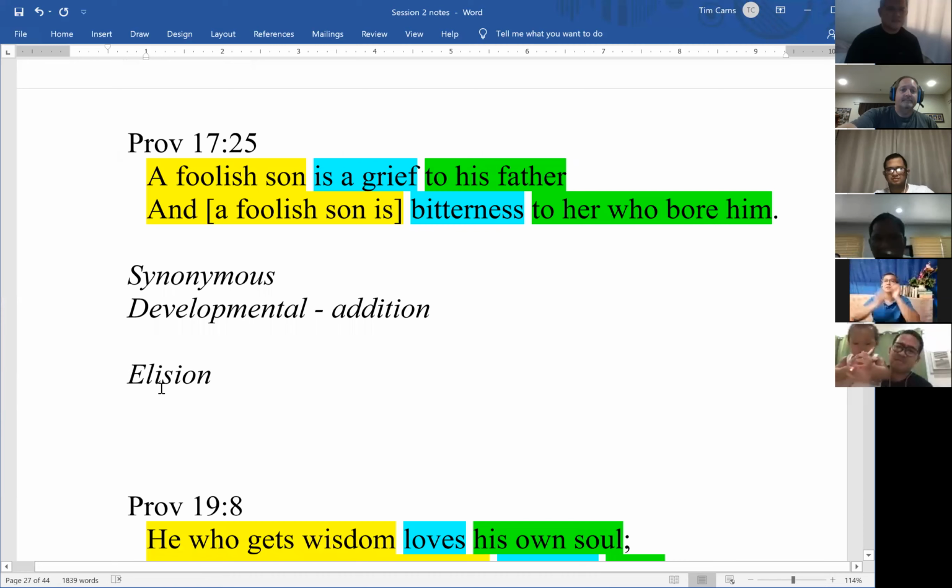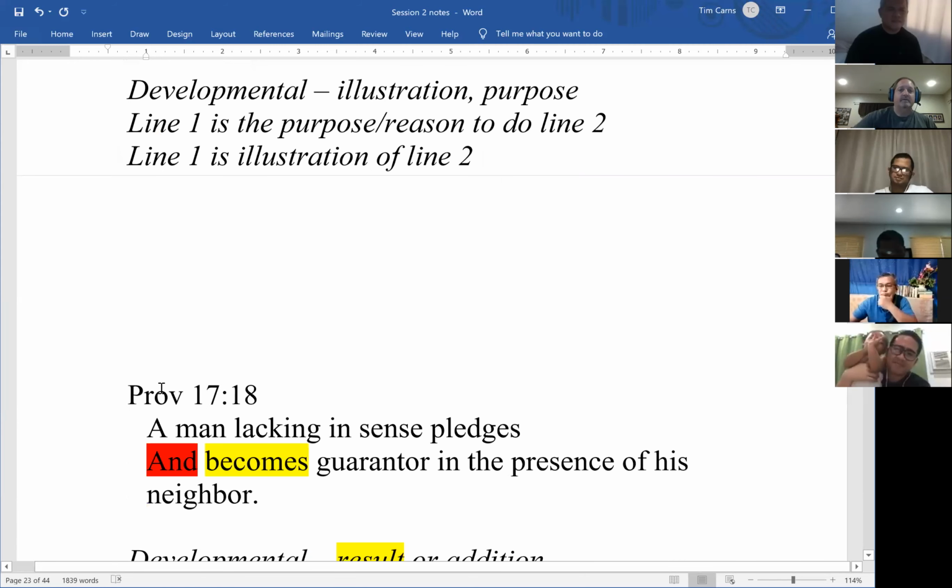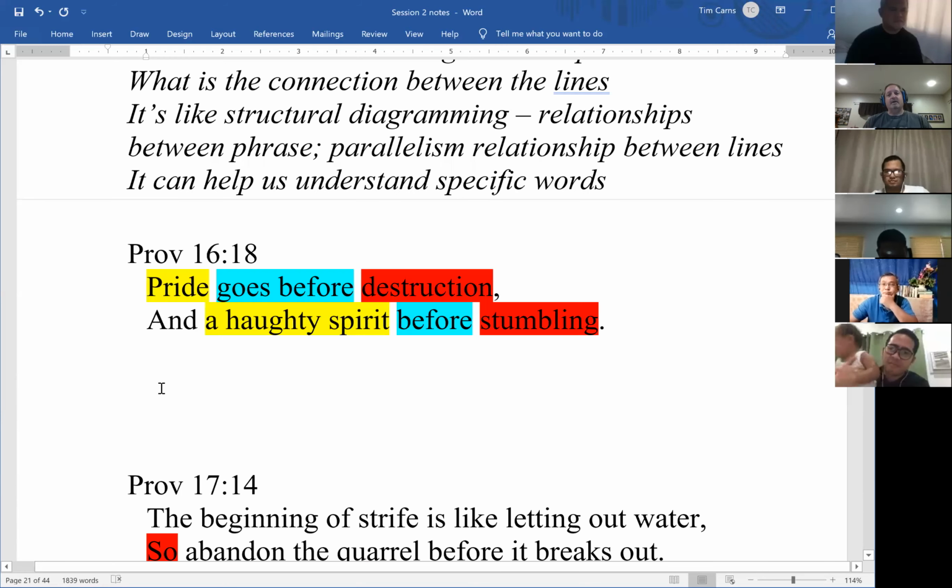They're all bicola, two lines. That's very common in Proverbs from chapters 10 through 29. They're what we think of as a proverbial statement, two lines. But when we go to the Psalms, we will see that many Psalms have verses with two lines or three lines, and some have four or even five lines.